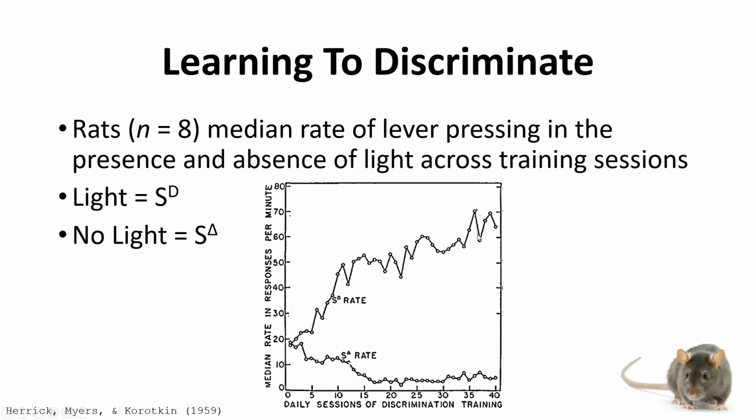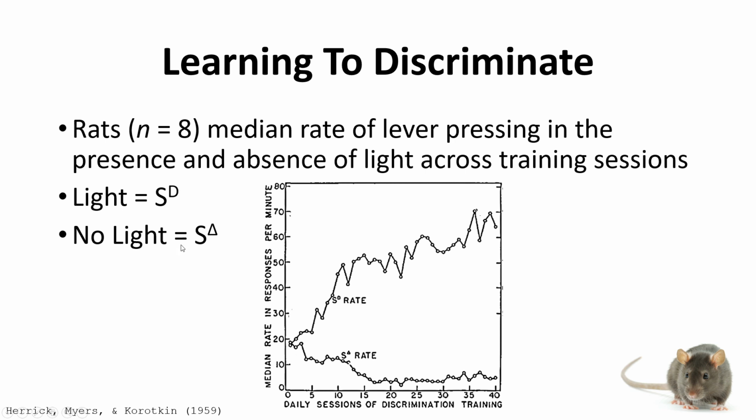So while the light is on and they're getting food, they're learning that that light being on means that pressing the lever gets them food, so they are more likely to press the lever when the light is on. But because pressing that lever when the light is off doesn't get them food, they're less likely to press the lever when the light is off.